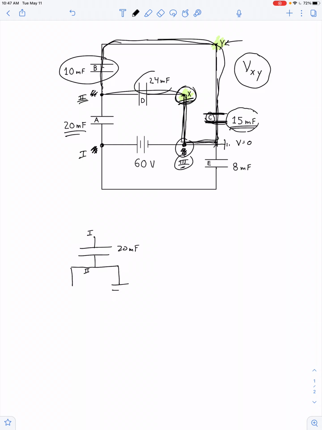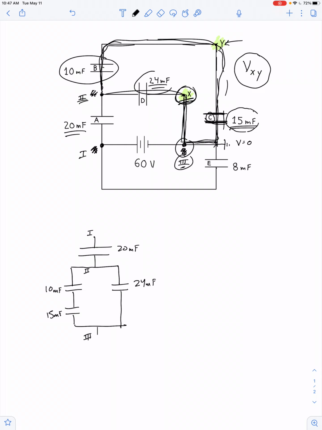And on one path, we just see this 24 millifarads. And on the other path, we see both a 10 and a 15 millifarad capacitor. Okay, so then that gets us to this point 3.